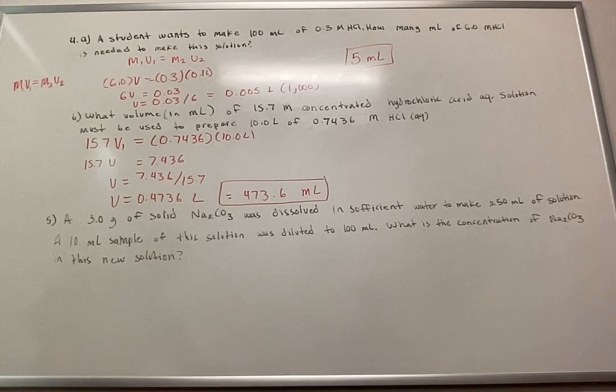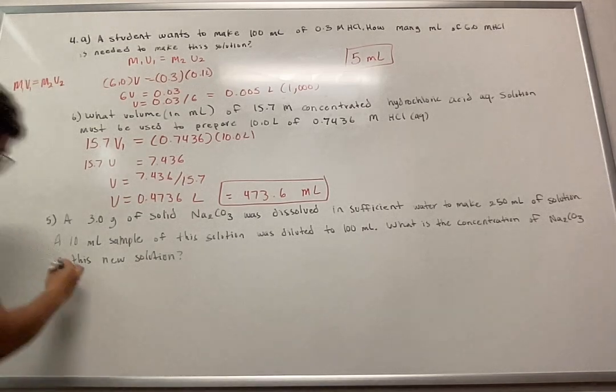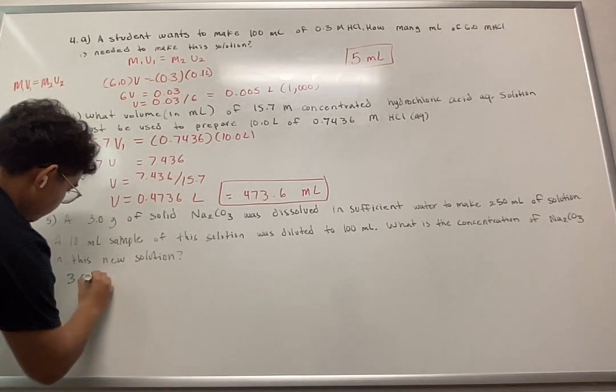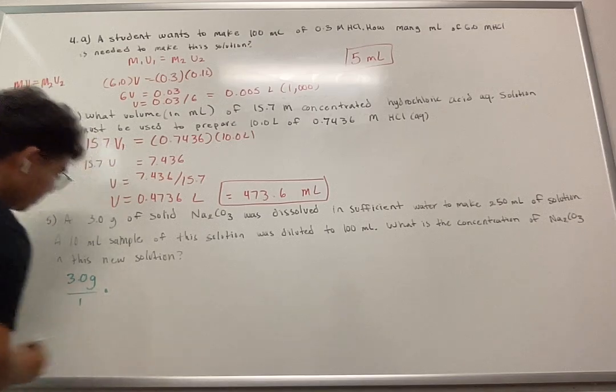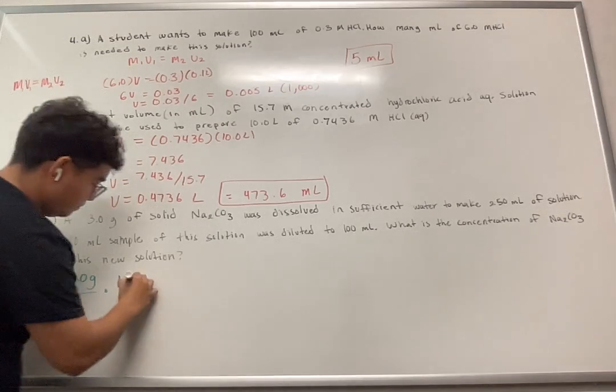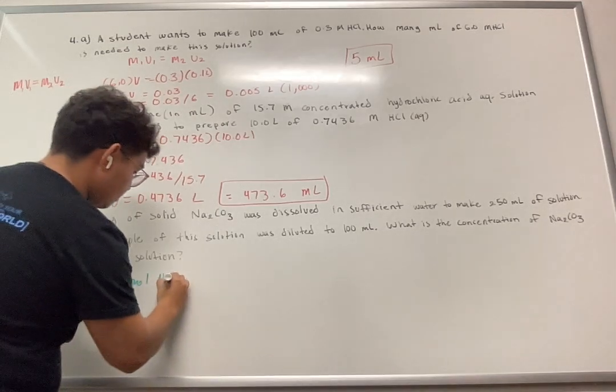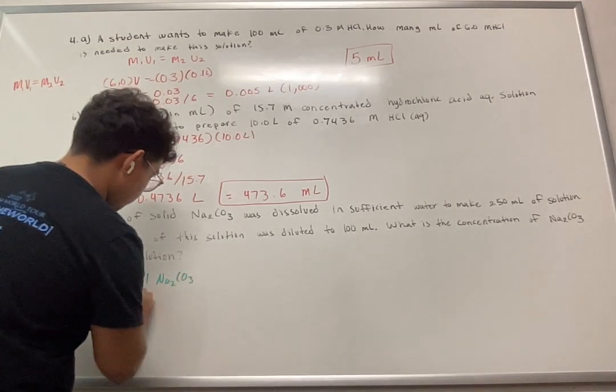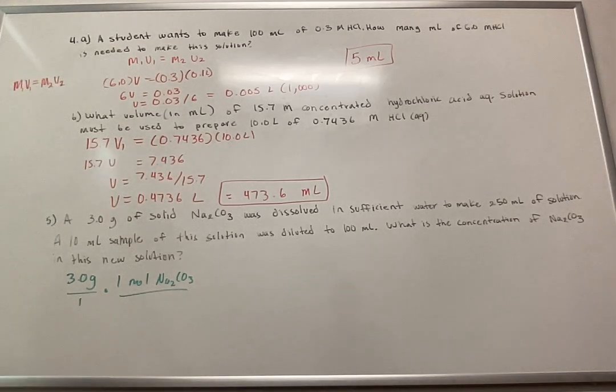So 3.0 grams over 1, times one mole of Na2CO3 over the molar mass of Na2CO3. Let's figure that out.